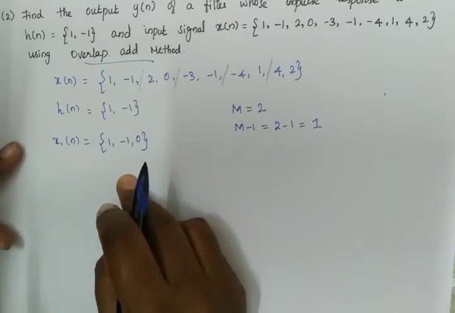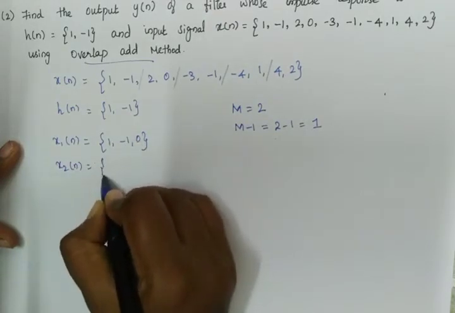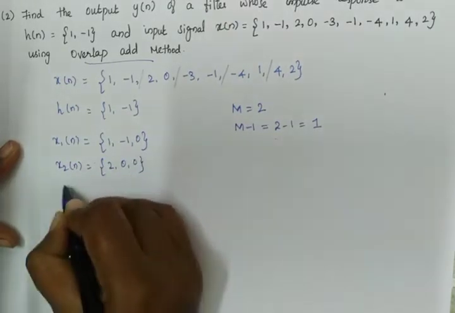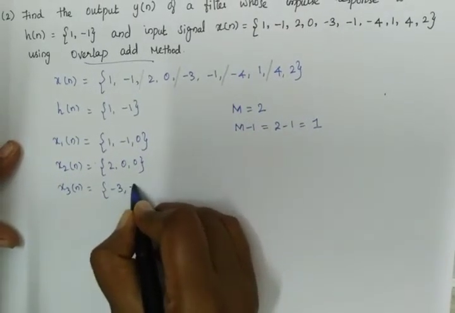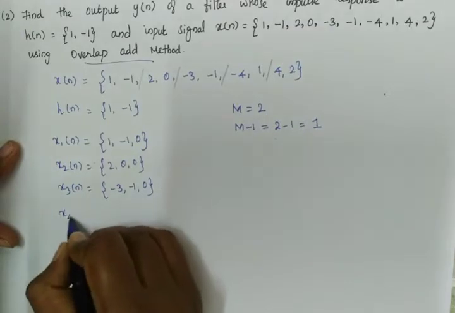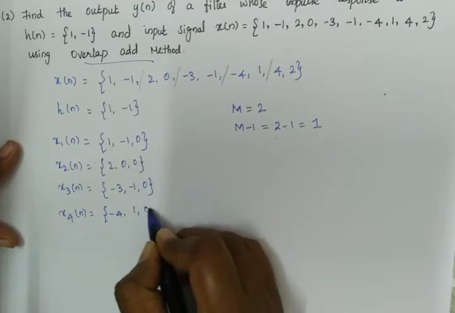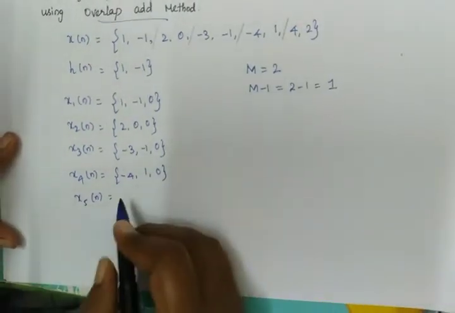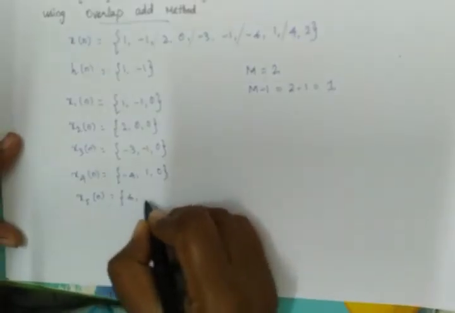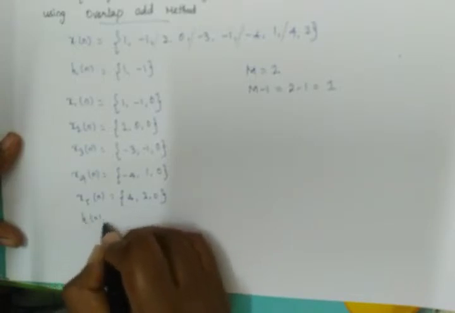Then x2 of n is equal to 2 0, add 1 zero. x3 of n is equal to minus 3 minus 1, add 1 zero. x4 of n is equal to minus 4 1, add 1 zero. x5 of n is equal to 4 2, add 1 zero. Now h of n is 1 minus 1, so add 1 zero.